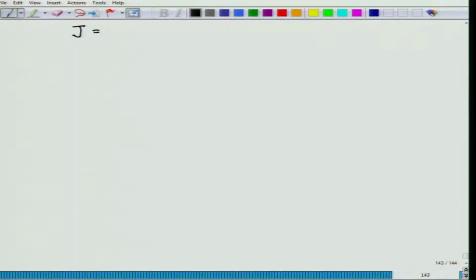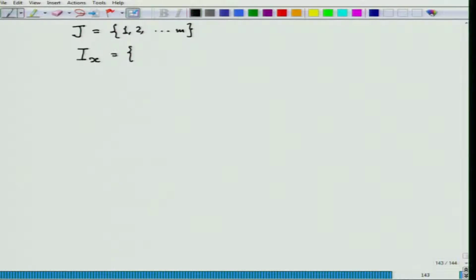Let us consider J to be the set of indexes marking the rows of the matrix A, an m cross n matrix of full rank, and I x. For a given x, I should write I of x, but I am just writing it like this to keep it separate from the active index set that we have already spoken about while studying the Kuhn-Tucker condition.